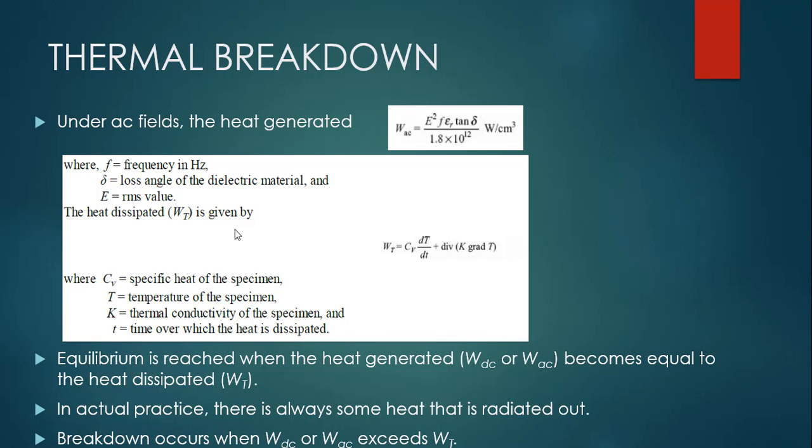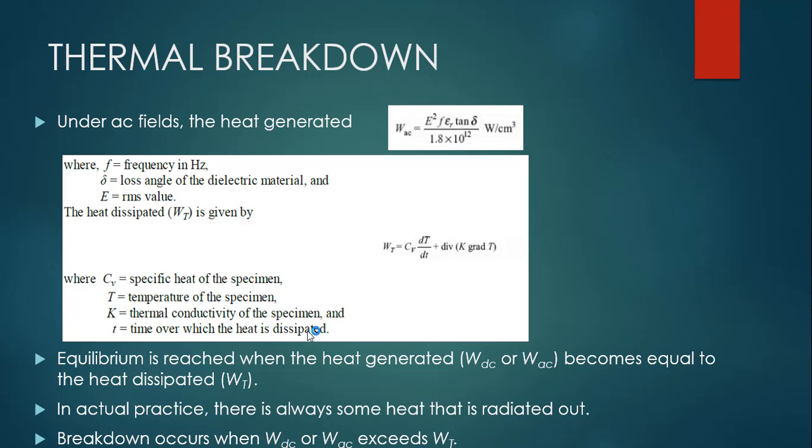The heat dissipated W_T is given by this equation, where Cv is the specific heat of the specimen, T is the temperature of the specimen, K is the thermal conductivity of the specimen, and t is the time with which the heat is dissipated.